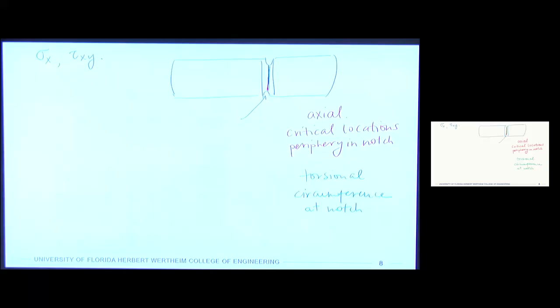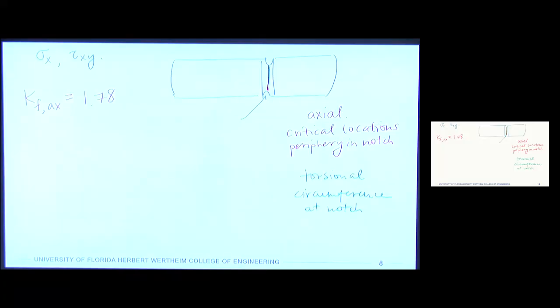Okay, so for axial loading, I'll try to keep these colors consistent through here. KF for the axial loading, we calculated in the last example problem. That's 1.78. We went to the chart, found Q, and then did KF equals Q times KT minus 1, all that plus 1, and came out with 1.78.